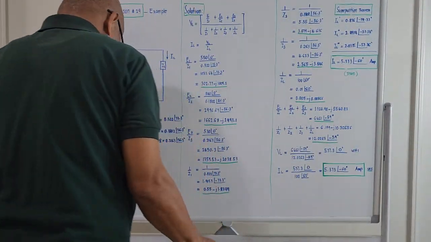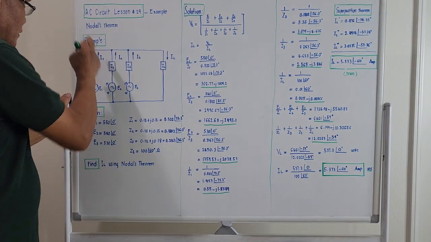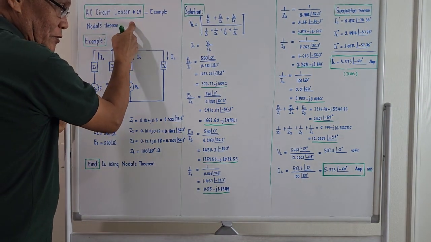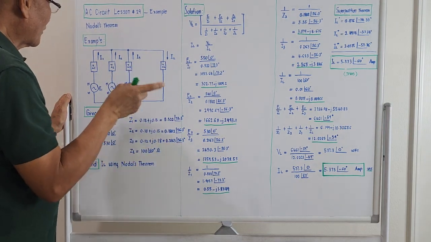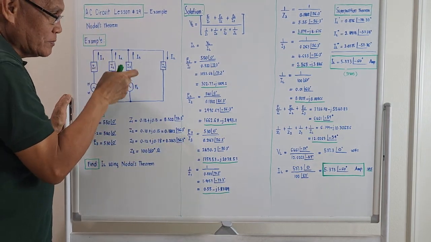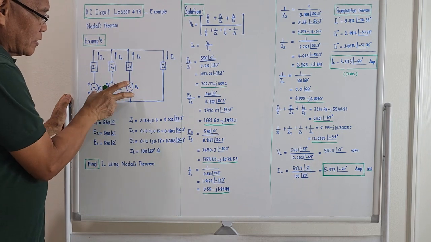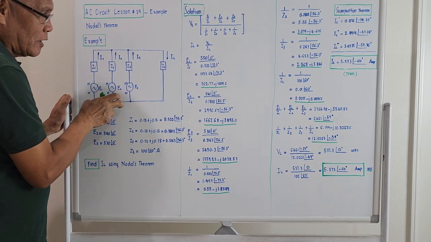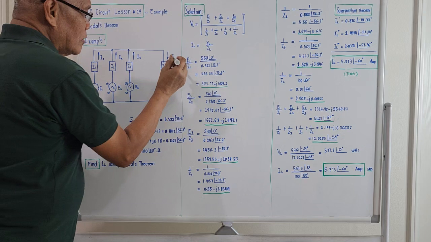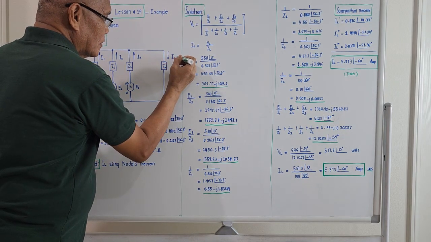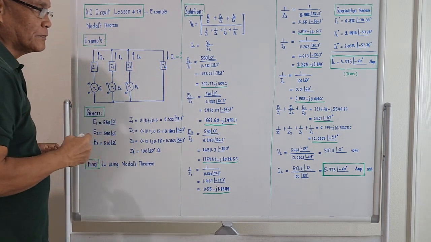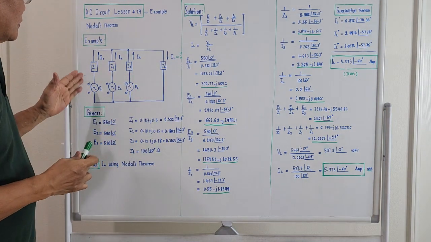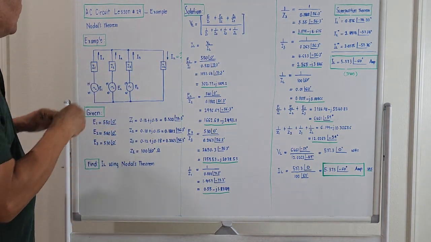The subject matter for this morning will be alternating current circuit. This is now lesson number 29, and lesson number 29 is an example problem of Nodal's theorem. We are given three voltage sources and we are looking for the current delivered to the load, I sub L. Okay, let's try to discuss the figure.